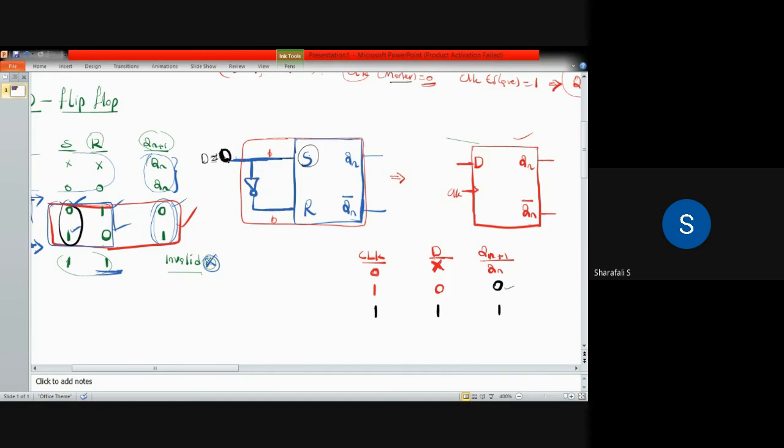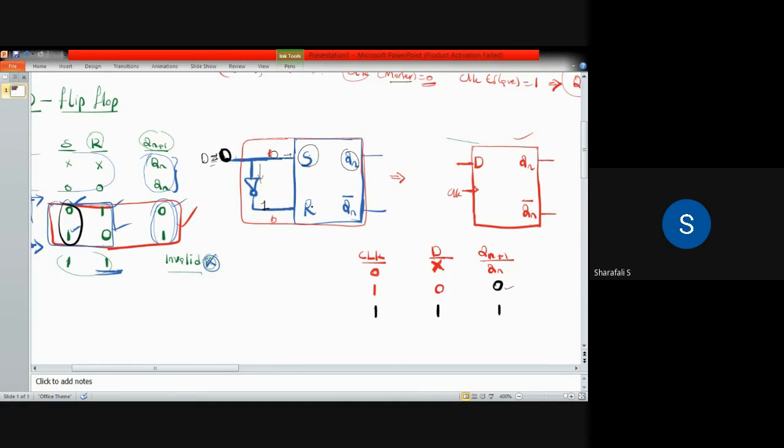When your D equal to 0, which means that your S is equal to 0 here, and this side we have a NOT gate, so your R is equal to 1, which means that reset is on. So when reset is 1, your circuit is resetting your previous state. So your entire stored value, that is Qn, is going to become 0.